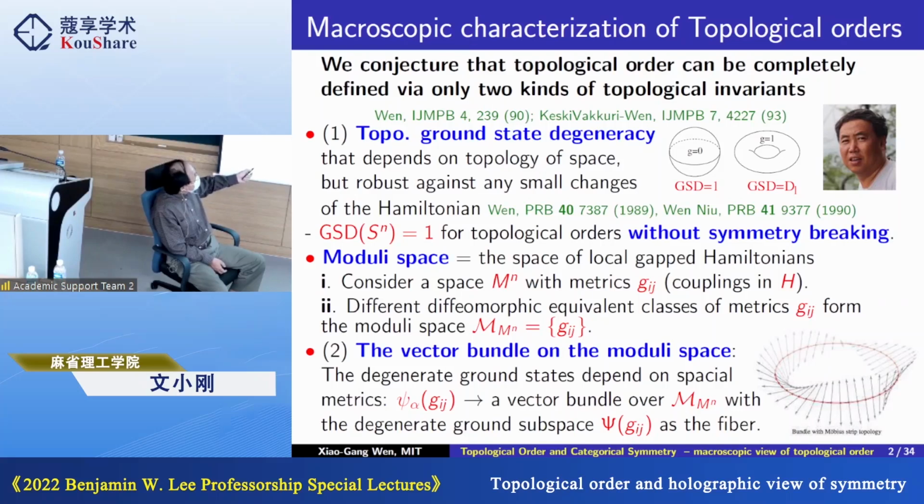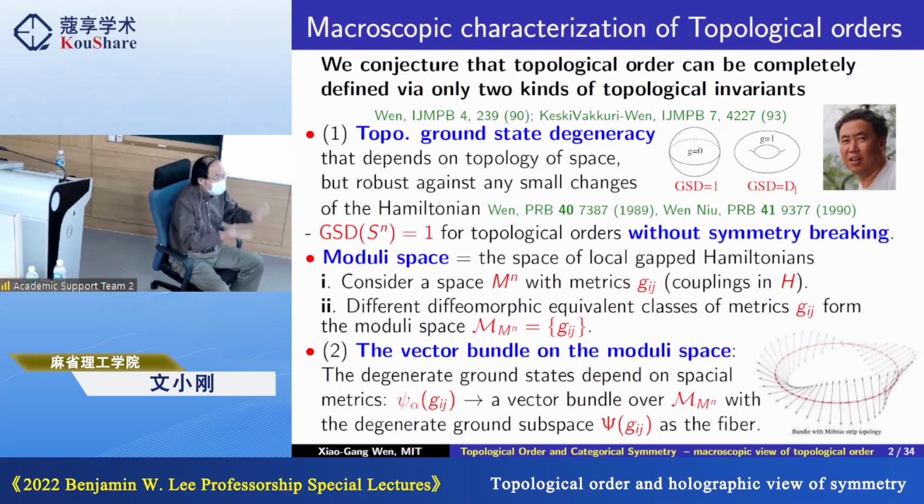The dimension of the degenerate ground state is just the dimension of a vector in the vector bundle. And if the dimension of a vector in the vector bundle is robust, then we are hoping maybe the other properties of the vector bundle are also robust. So this is the motivation. Maybe you have more data. You not only consider the dimension of the vector in the vector bundle, you consider the whole vector bundle.